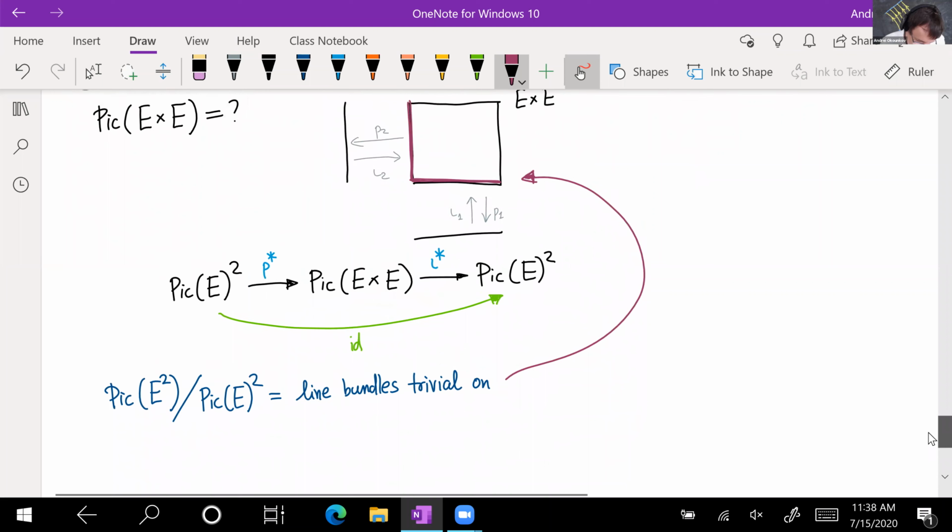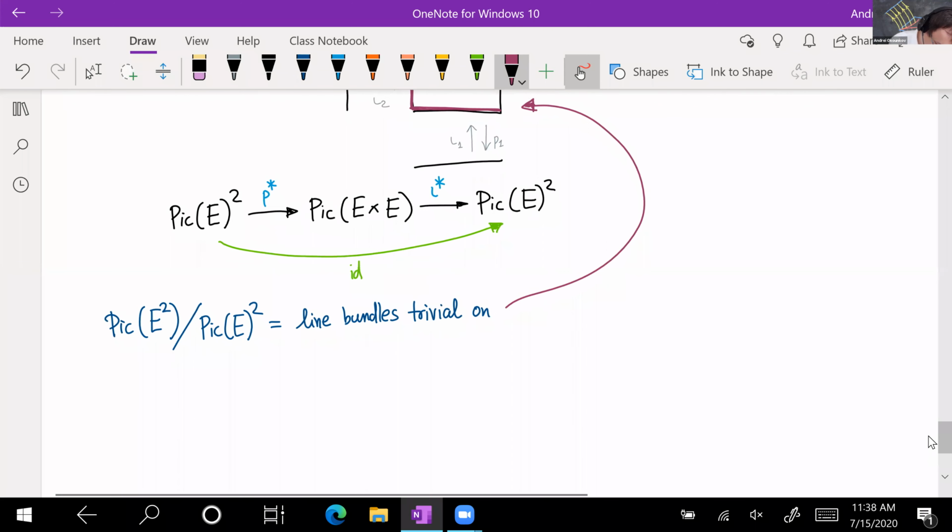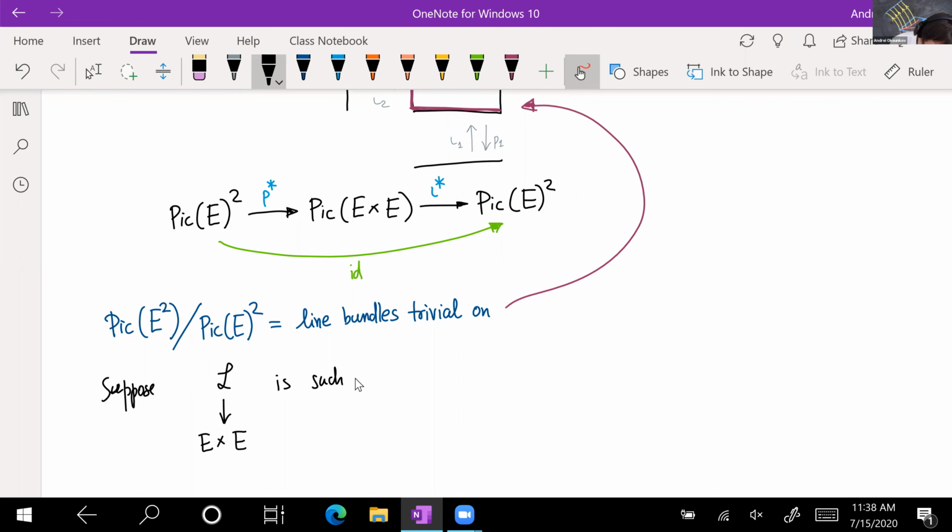Suppose L over E cross E is such a line bundle. In particular, it's a line bundle on each of the factors.